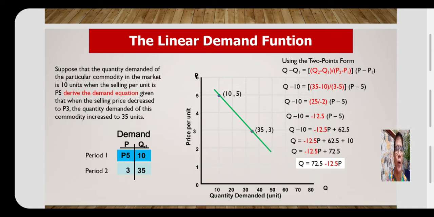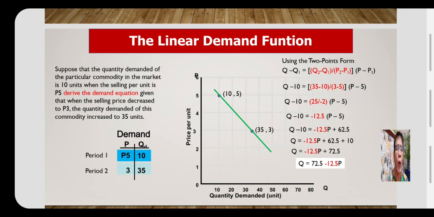We now have to transpose the whole term of negative 10 found on the left side of the equality sign to the right side so it will become positive. Thus, we will now have this equation: Q is equal to minus 12.5P plus 62.5 plus 10. So the negative 10 now becomes positive 10 after transposing it from the left of the equality sign to the right.